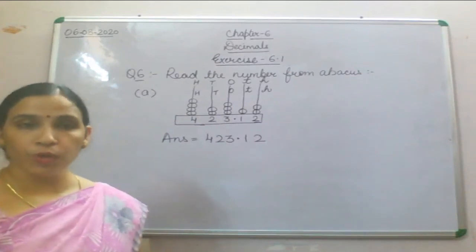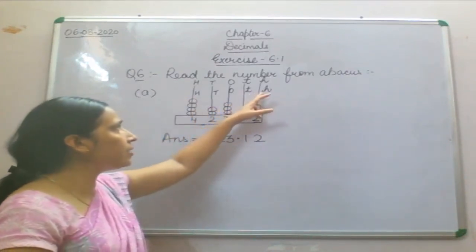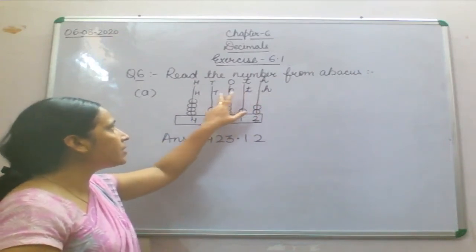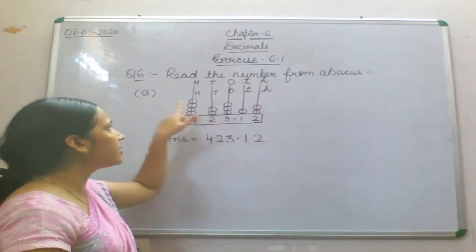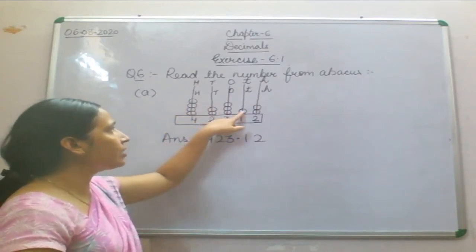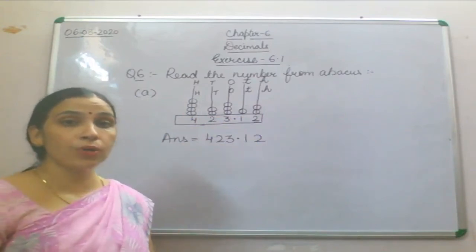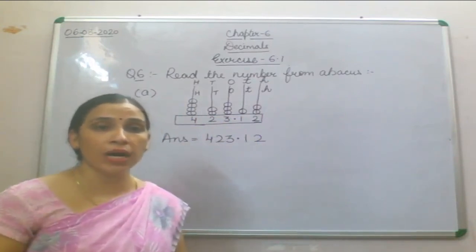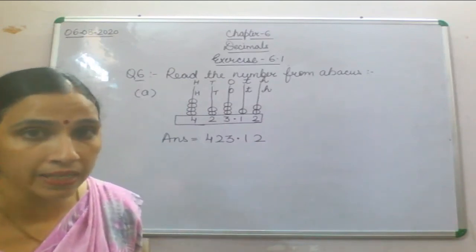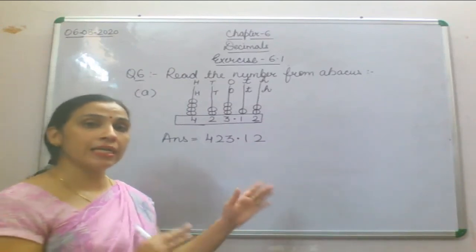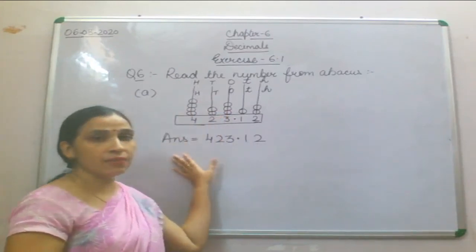You have been given the number of beads on particular spikes, that is ones, tens, hundreds, and this is your tens place and this is your hundredths place. As you all know, after the decimal you have your tenths place and then your hundredths place, and before the decimal you have your ones, tens and hundreds place. So in the answer we will write it.